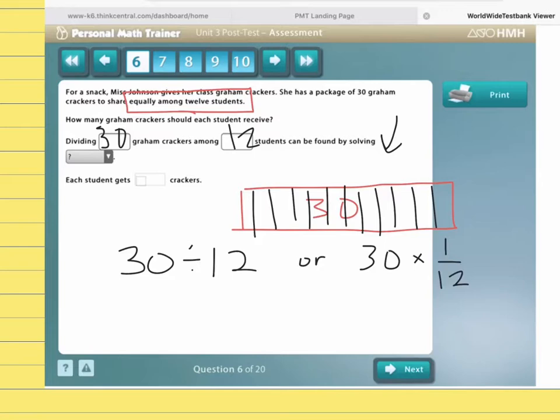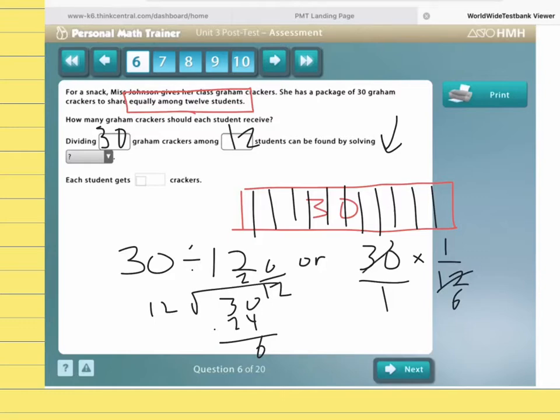I'm not sure what they're asking us, solving the problem, and it would be 30 divided by 12, which is, you could divide it that way, 30 divided by 12. You could do the traditional way, would be 2 and 6/12, or 2 1/2, or you could do it this way, keep change flip. You could say divide that by 2 to get you 6, and that by 2 to give you 15.